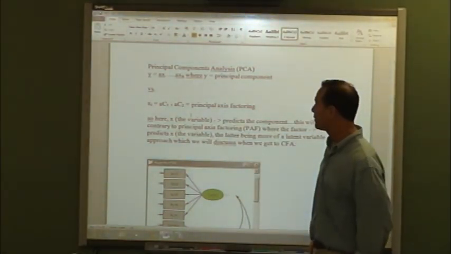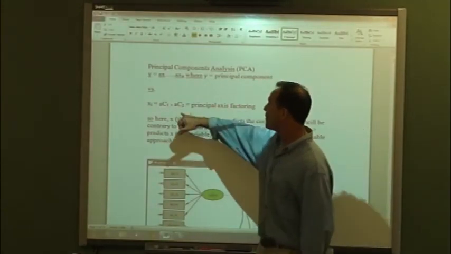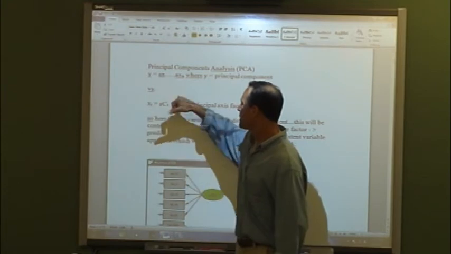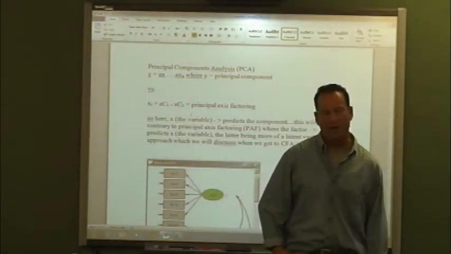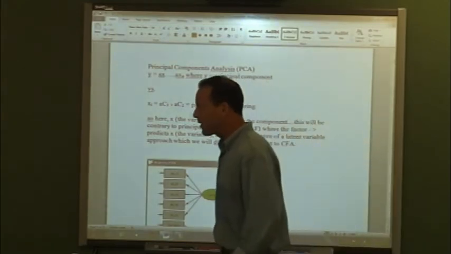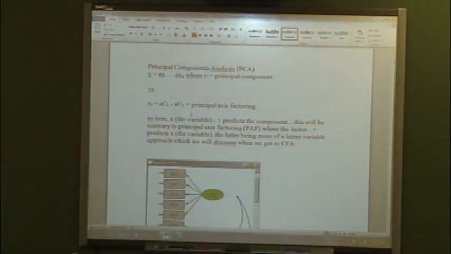Look what's different with factor analysis. With factor analysis, here you actually have the item. The item, X, is a function of the construct or the component or the factor. In other words, everybody, principal components kind of looks like this.